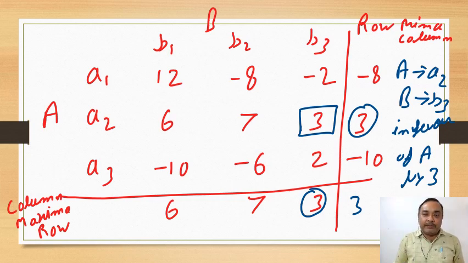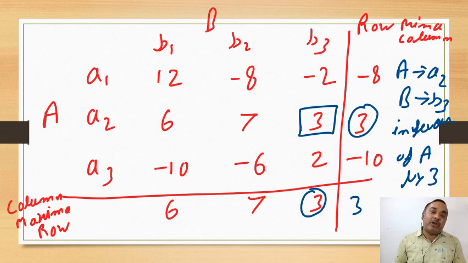In the first row, what is the minimum? -8. Second row? 3. Third row? -10. This is known as the row minima column, because it is generated as a column. From each row we select the minimum, and that forms the row minima column.